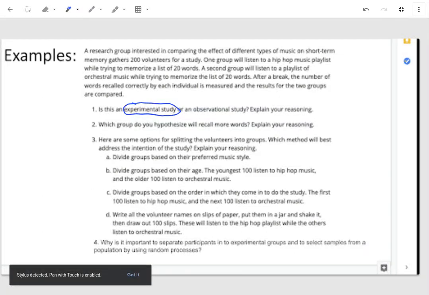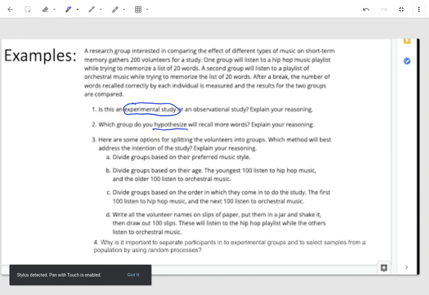Which group do you hypothesize will recall more words? Explain your reasoning. Remember, a hypothesis in the scientific method is just an educated guess. So number 2, there really is no right or wrong answer because you're simply taking a guess. So my hypothesis, and yours may be different, and that's okay.